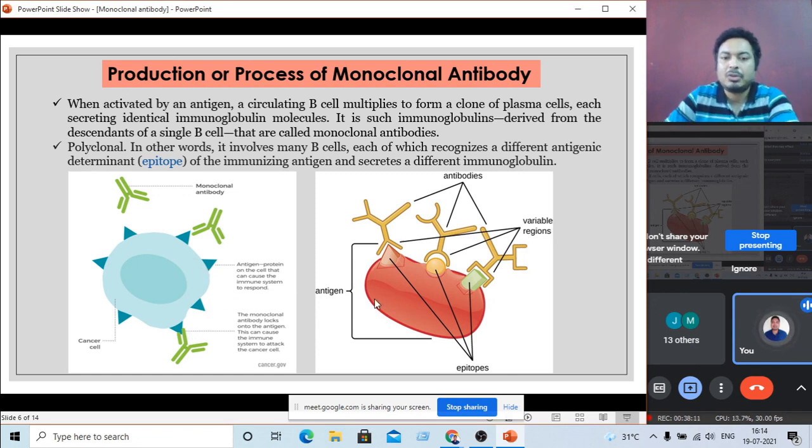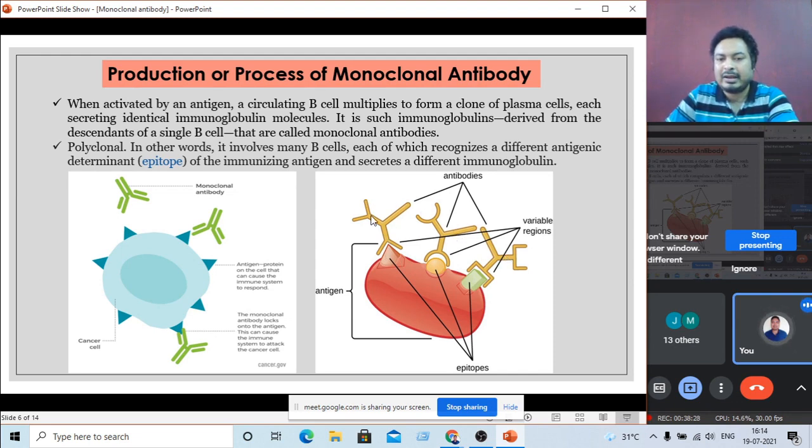Now what is polyclonal? You can see, suppose this is another bacteria or virus. This is one antigen, this is another antigen, and this is another antigen. So three different antigens are there, and for three different antigens, three different types of antibodies are formed.